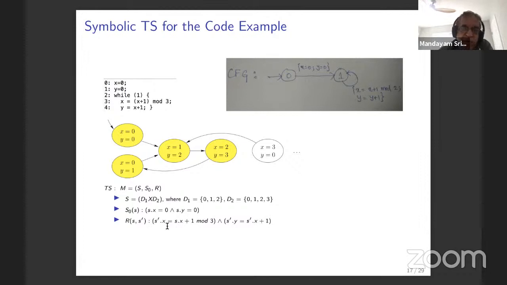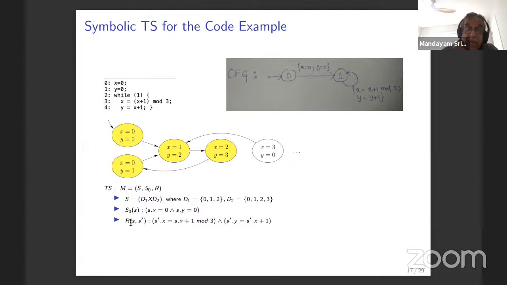So now you could capture the transition shown here as S prime x equals S x plus 1 mod 3, and exactly what expressions are used here. Notice here that R has to be modeled as total.